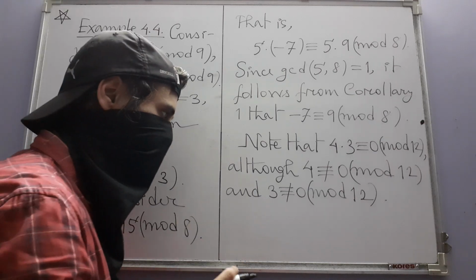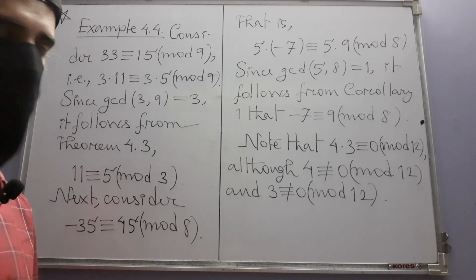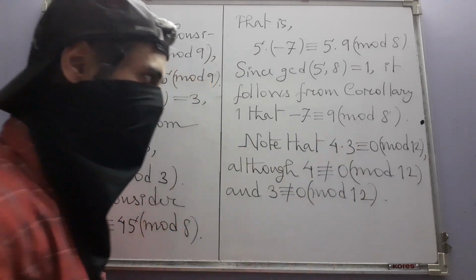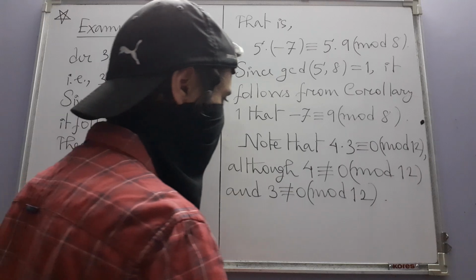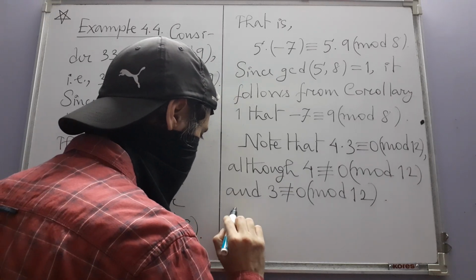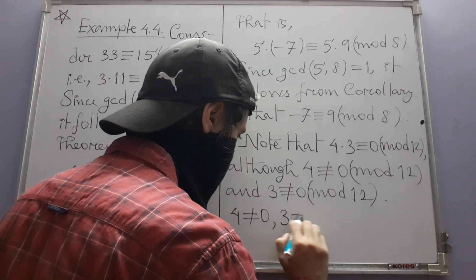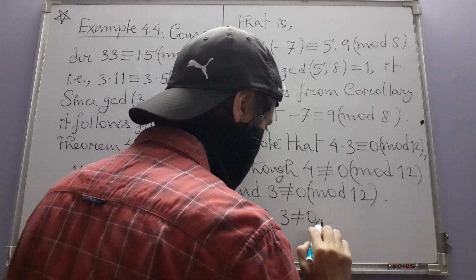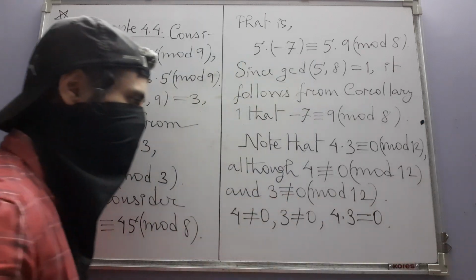And when you really forcefully consider a system in which this congruence becomes an equation, you get this kind of strange thing that although 4 is not equal to 0 and 3 is not equal to 0, 4 times 3 is equal to 0.